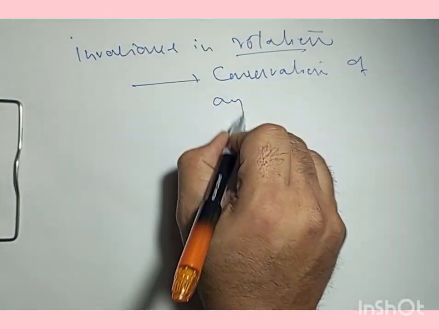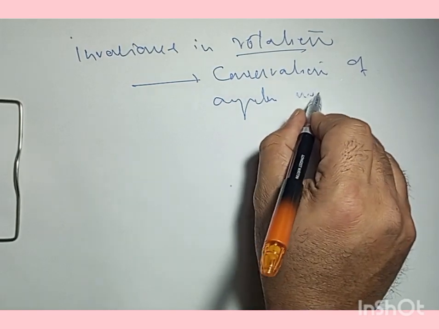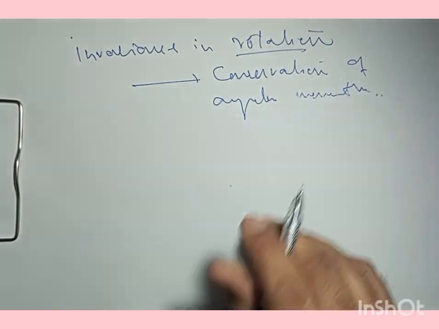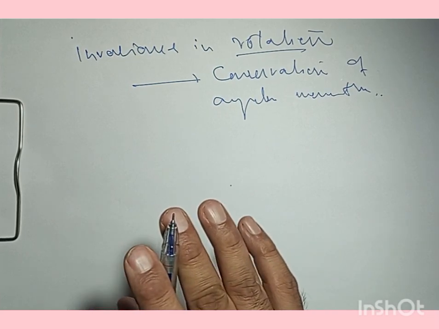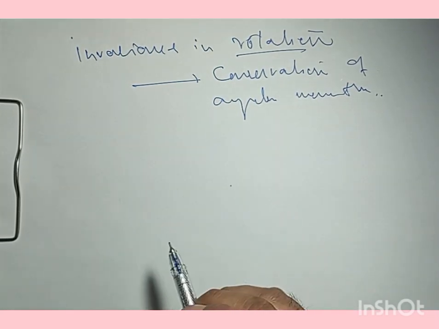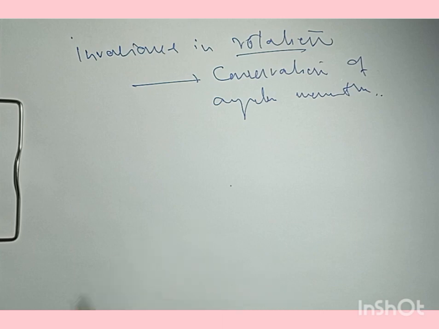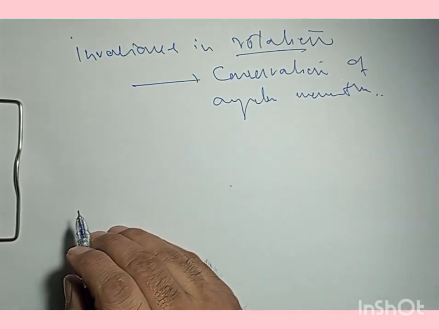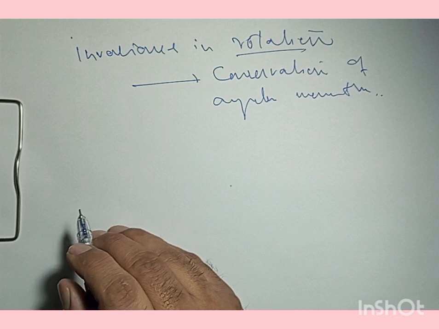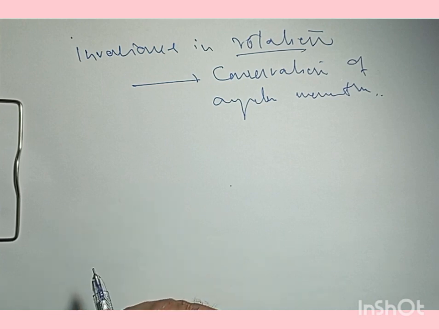In particle physics, there are many examples of symmetries and the conservation laws that are associated with those symmetries.